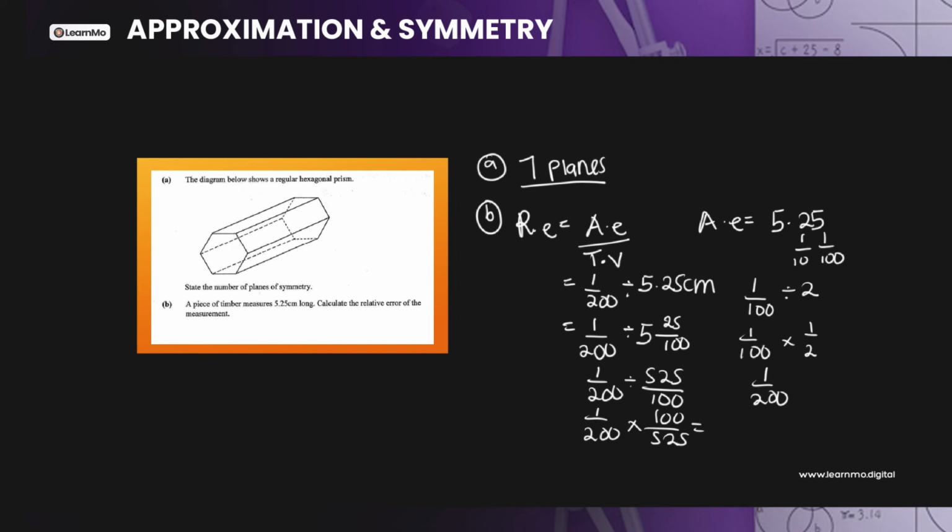Then you get 100 over 105,000. You cancel the 2 zeros, then you have your 1 over 1050. When you divide, you should be able to get 0.00095. So therefore, that was the error.